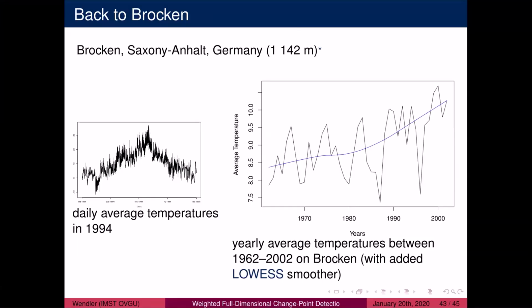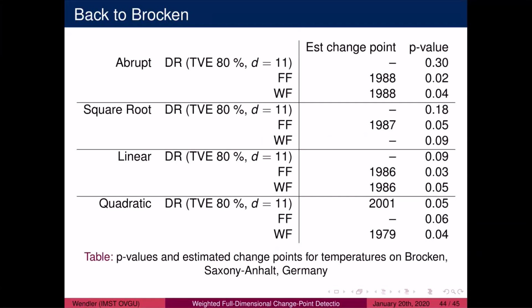Okay, now back to our data set. We have the dimension reduced test statistic, the fully functional, and the weighted functional. And we have different types of function h we test. We don't know what the function g is, but we tested with three.